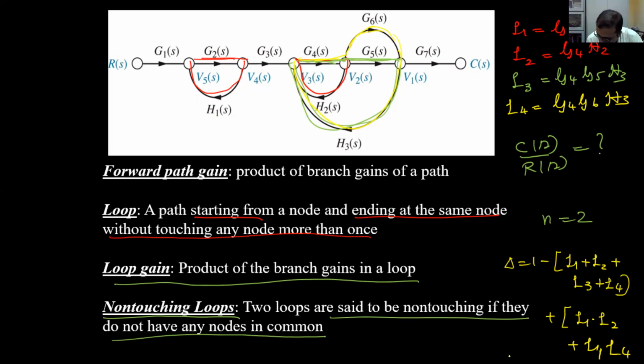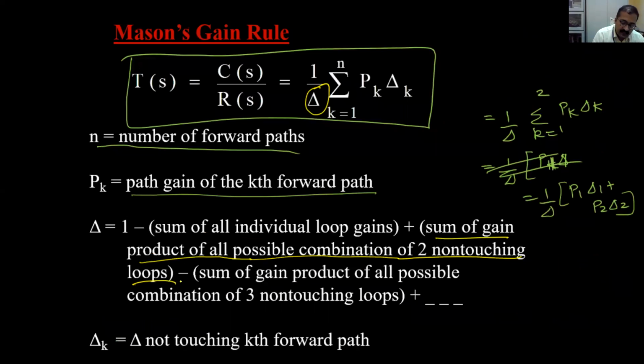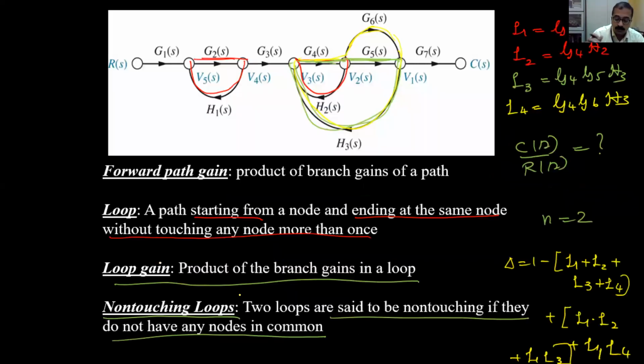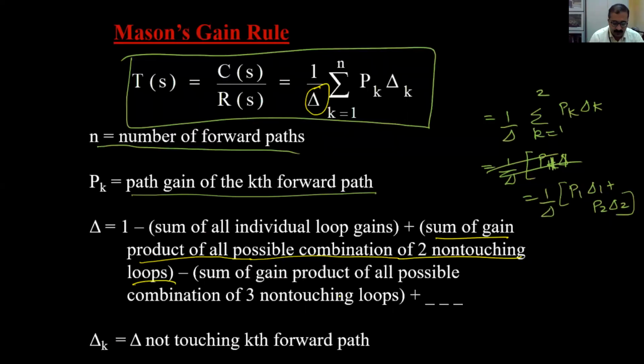So we have considered all possible combinations of 2 non-touching loops. What next? Minus sum of gain product of all possible combinations of 3 non-touching loops. So here, do we have any possible 3 non-touching loop combination? Is it possible? No. Okay, so remaining term will be 0. Okay, that is what delta is.